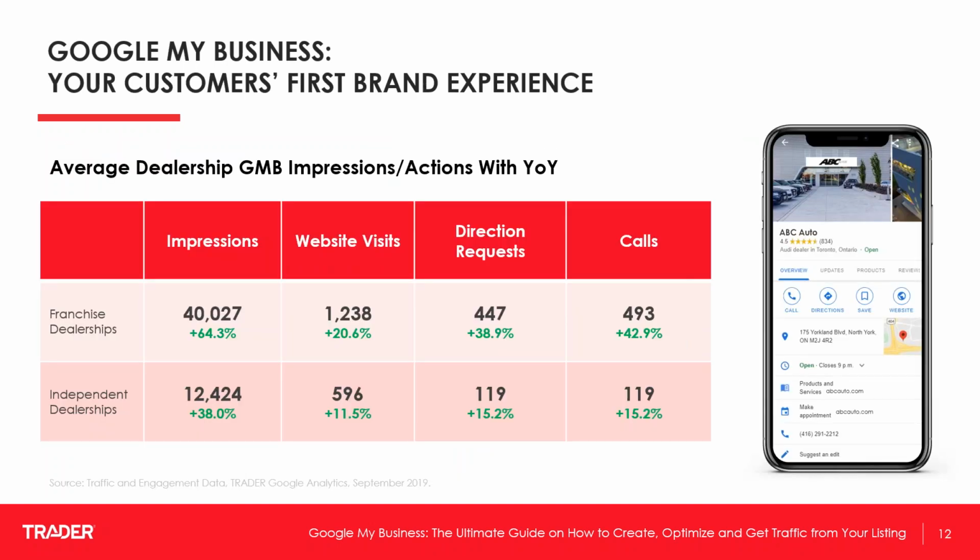What's really important, again, is just how much the exposure to your Google My Business listings has grown over the last year. So we have the data from about 600 dealerships' Google My Business listings across Canada. And I've split them out here into two categories, franchise dealerships and independent dealerships.